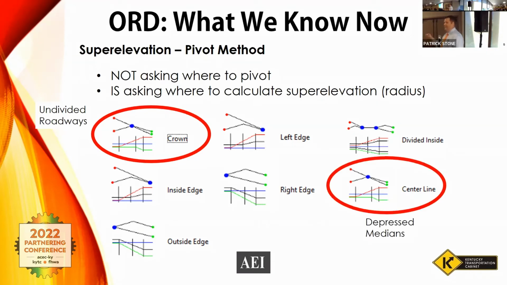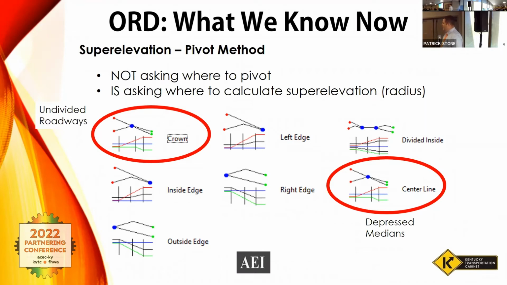And then if you have depressed medians, okay, I thought let's use divided inside because that's where we're rotating. But OpenRoads is calculating based on that inside edge of pavement there. That's not how we typically do it, because at that point, your outside lanes are going to be super elevated 6.4 and your inside will be 6.2, which I guess that'd be okay, but that's just not how we had done it historically.